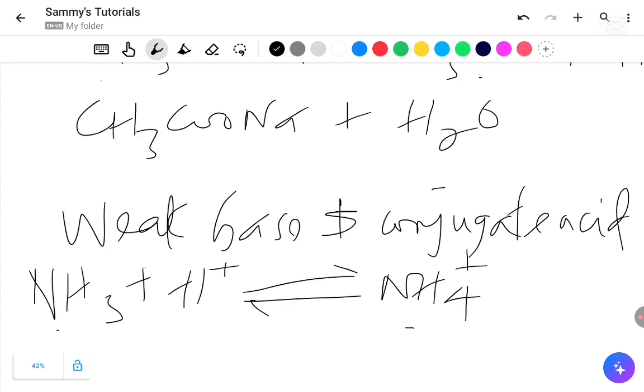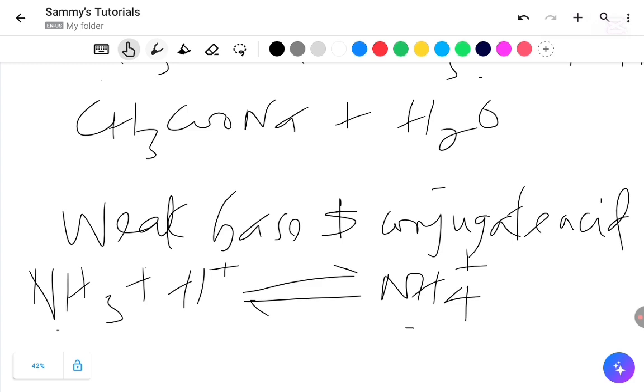All right, now the weak base accepts a proton, while the conjugate acid donates a proton. If you look at it, NH4 plus is a conjugate acid. All right, this one is not very common. The most common ones are the weak acids and their conjugate bases. Are we following? Hope it's simplified.